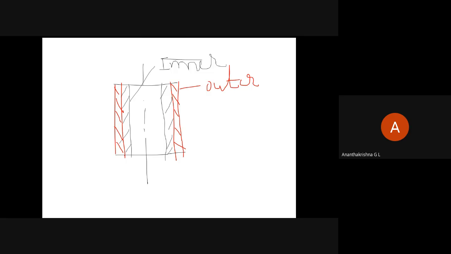Before assembly, the inside diameter of the outer cylinder will be smaller than the outside diameter of the inner cylinder.